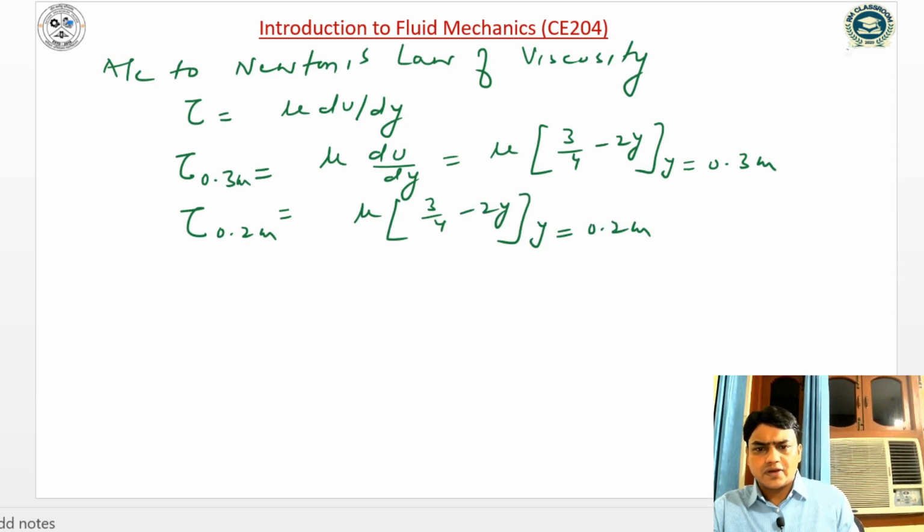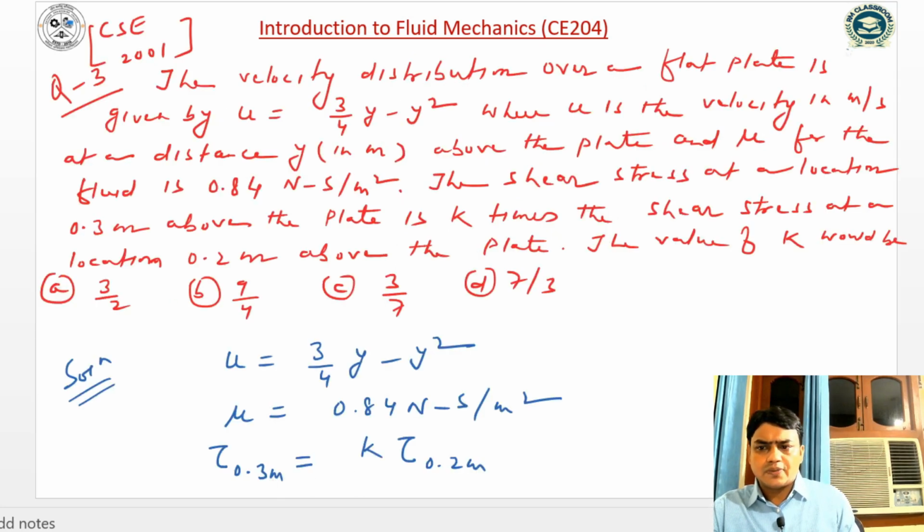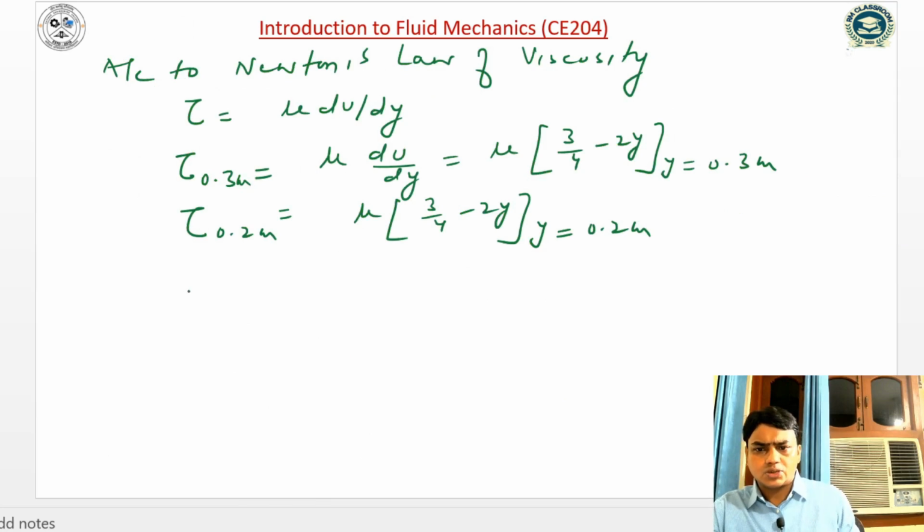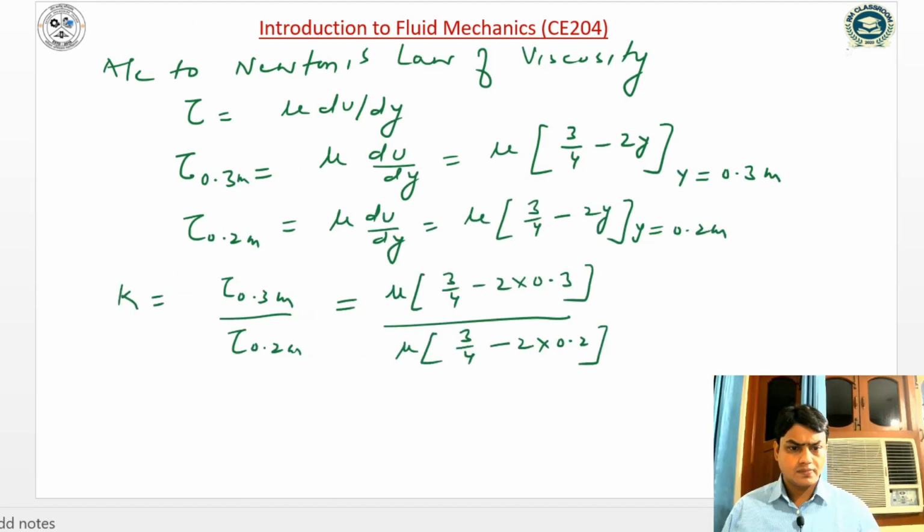So the value of k will be tau at 0.3 divided by tau at 0.2 meter. The dynamic viscosity will be cancelled. So the value of k is equal to 3 by 4 minus 2 into 0.3, divided by 3 by 4 minus 2 into 0.2.